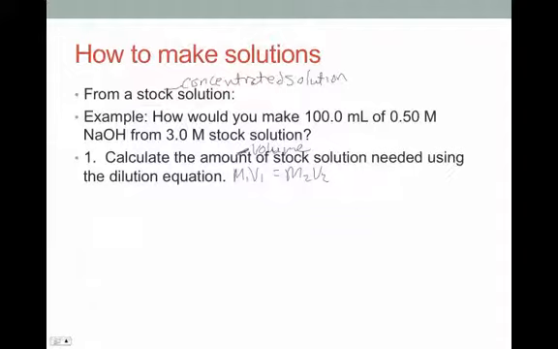So we start off by plugging in our molarities: 0.50 molar times 100 milliliters is equal to 3.0 molar times the volume.